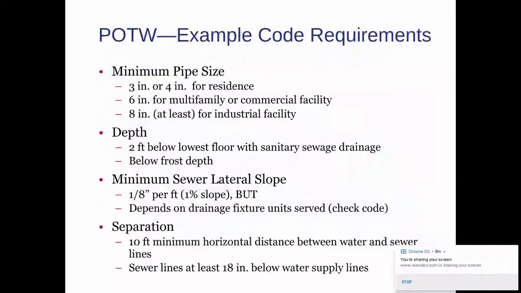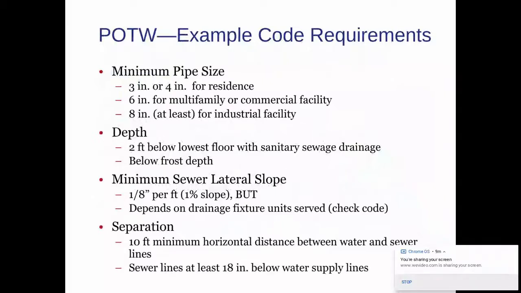And then another big thing when you're laying this out, this doesn't always apply to older cities, or it does apply now for new construction, but a lot of older cities, you'll find that this wasn't always the case. They always want to keep a minimum of 10-foot horizontal separation between water and sewer lines. So if you're putting in a fresh water line and a sewer line, you want them at least separated by 10 feet. That way, if one breaks, for example, if the sewer line breaks, it's not going to contaminate the drinking water.